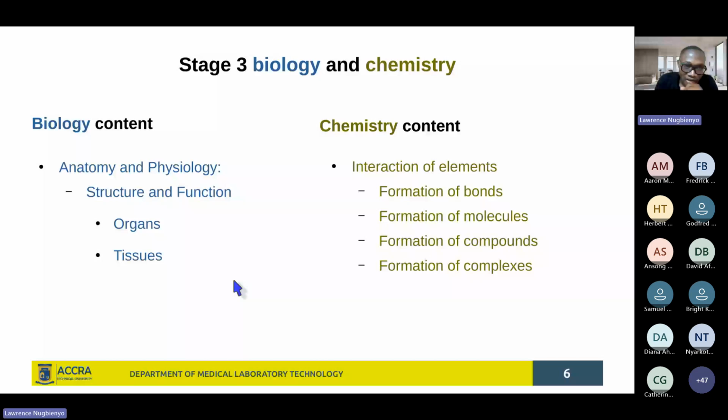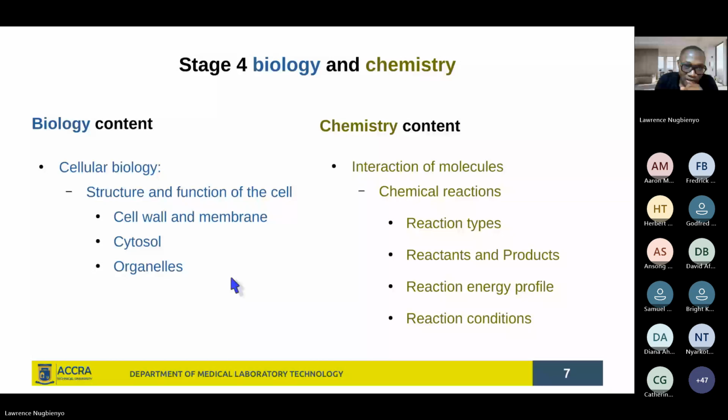Now you go further. You now go for biology to the cellular level. So now you take a cell and start to look at the structure and function of the cell. Remember, anatomy and physiology is looking at the structure and function of the organs and the tissues. Now you have gone down to the cellular level, which you refer to as cellular biology.